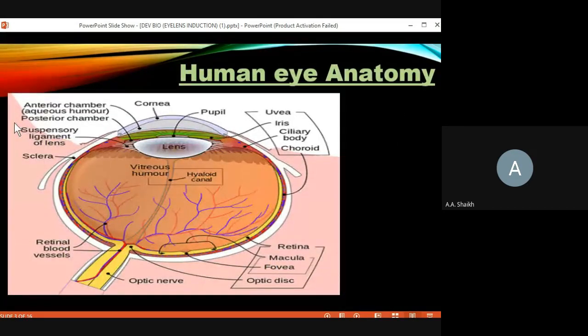Okay. The functioning in all vertebrates, the entire mechanism, is how the light moves towards the cornea, then from the cornea towards the lens, and from the lens towards the retina, and then from the retina a signal passes to the brain and the neurons.